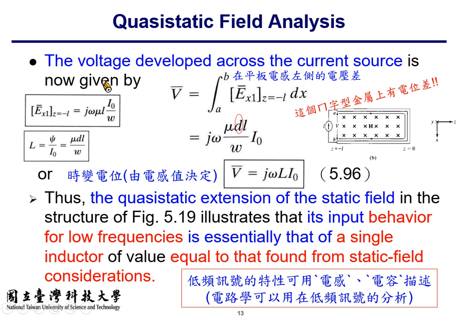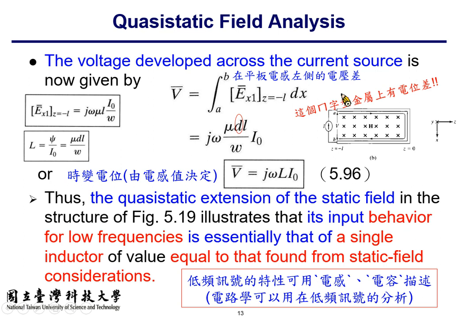So what next? The voltage developed across the current source on the left end can be found by what? By taking the line integral of electrical field. So the electrical field is pointing in the x direction.